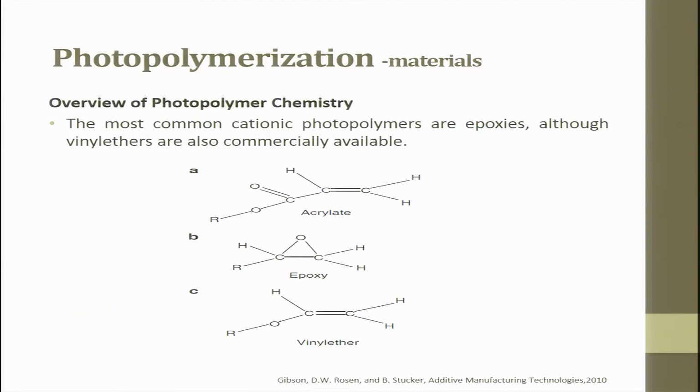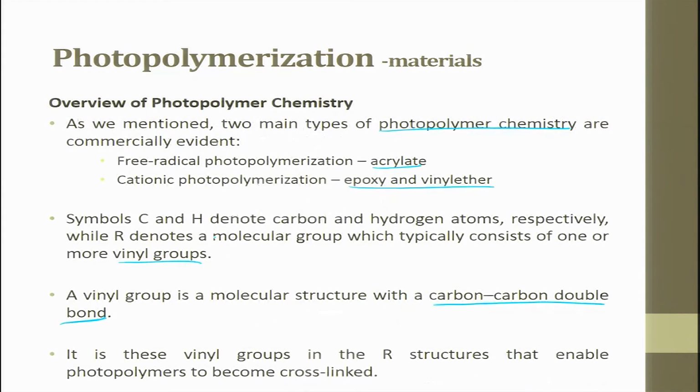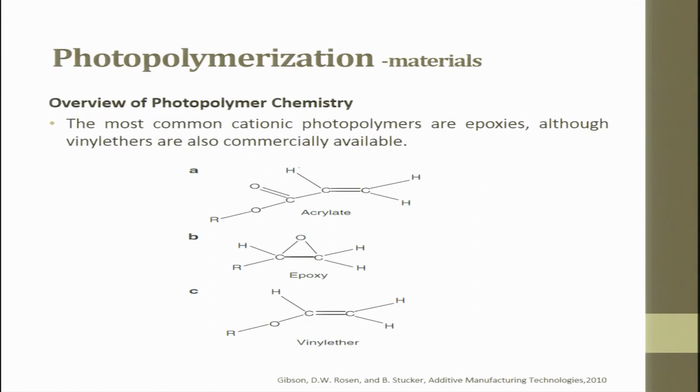So, this is what it is. We have talked about all these things where R, C double bond H, we have oxygen, we have R structures; these are for acrylate, these are for epoxy, these are for vinyl ether. So, the overview of photopolymer chemistry: the most common cation photopolymers are epoxies, although vinyl ethers are also commercially available.